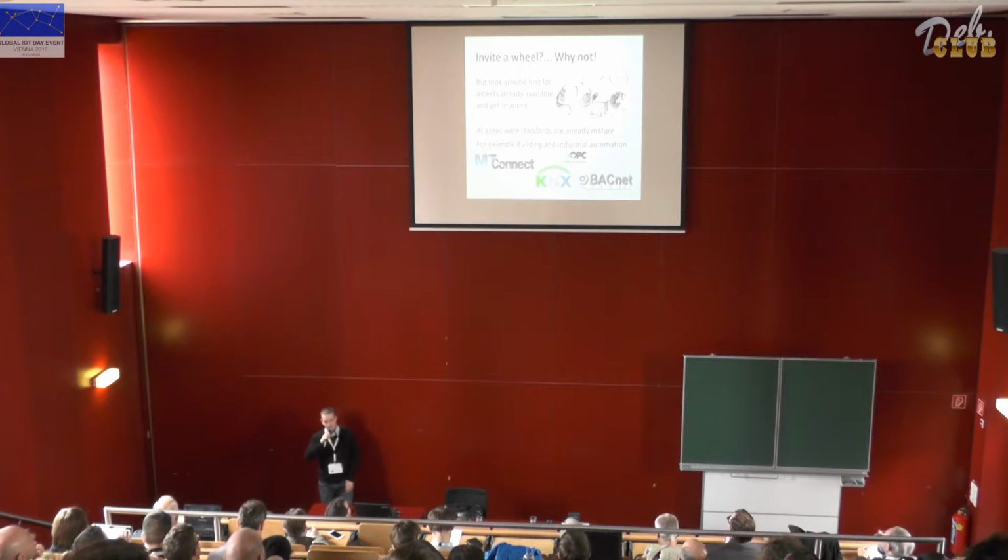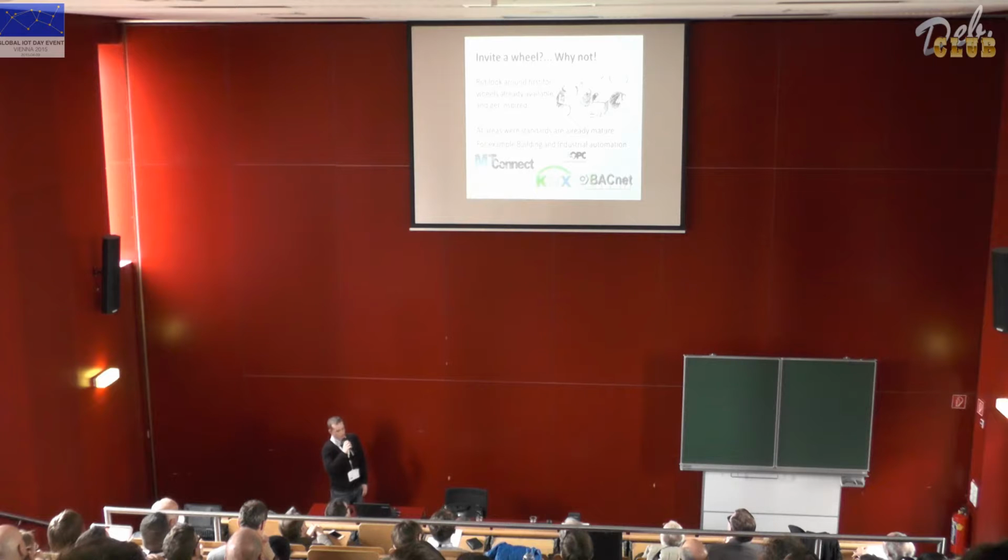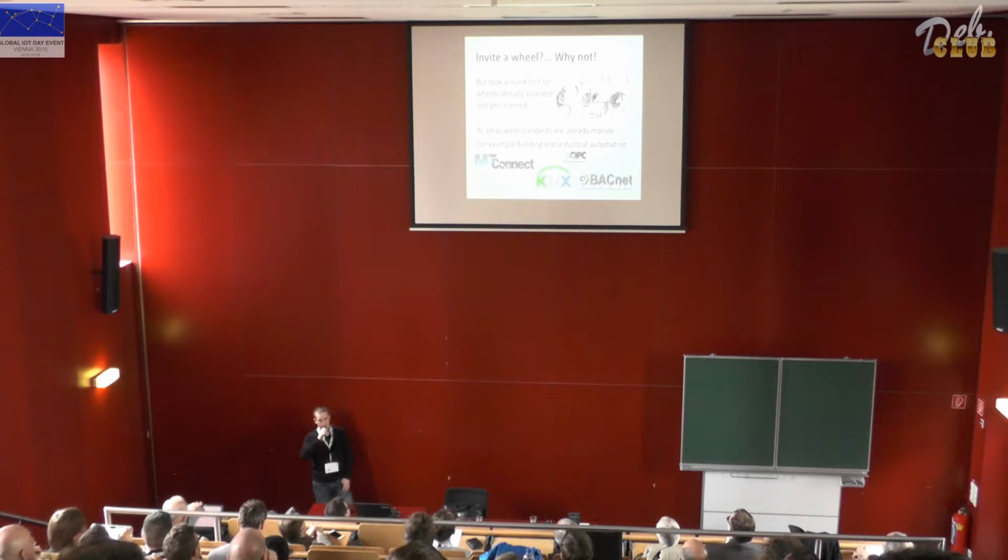Is it necessary to invent the wheel again? I would say, why not? But first, have a look if it is really necessary. Interoperability and vertical system integration is a topic which is not new. This topic is already 30 years old.